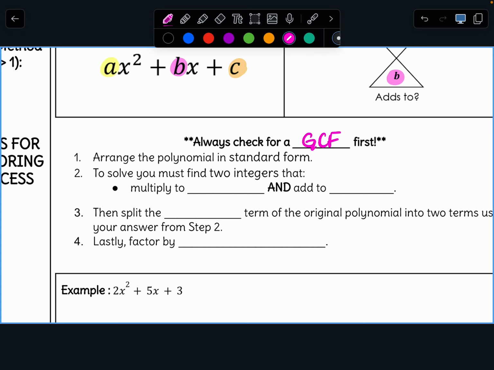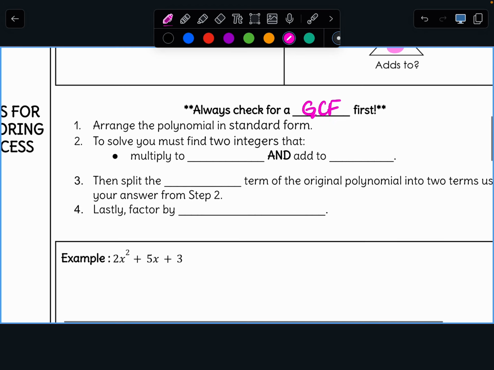So almost every number you're going to have will be on this card. When we are trying to solve this, remember the whole point is to find two numbers that multiply to equal AC and then add to be B. I need the same two integers. Then we split that middle term, whatever the B term was, into the answers from step 2, and then we factor by grouping.